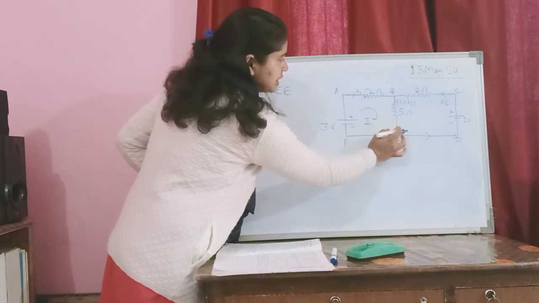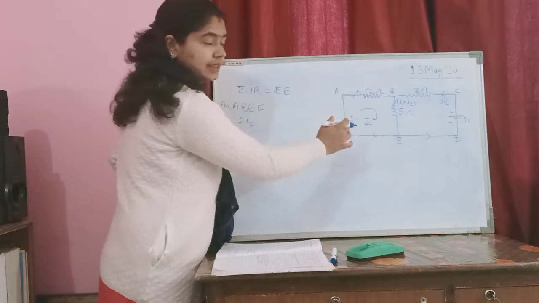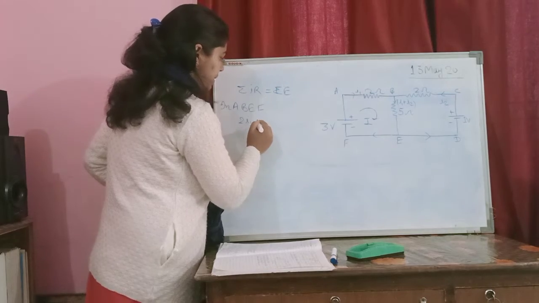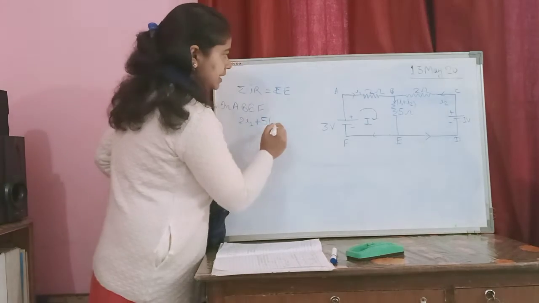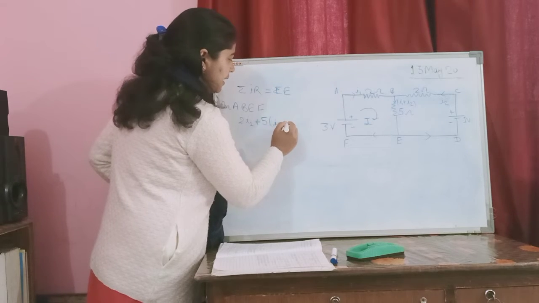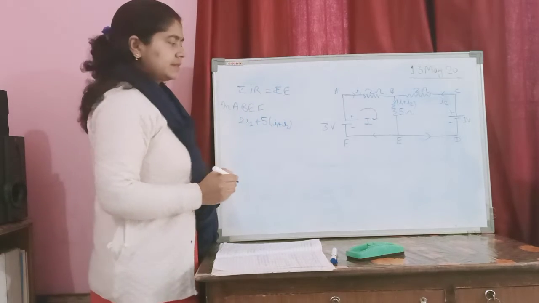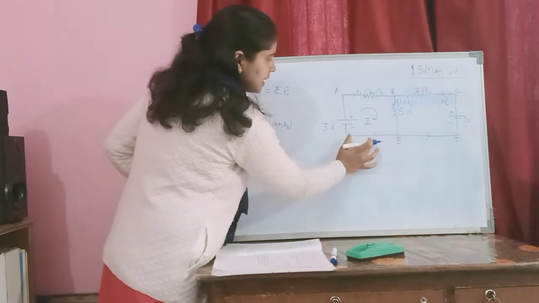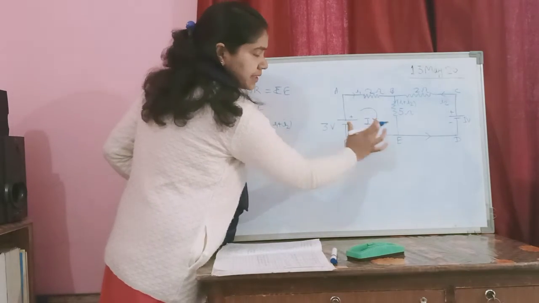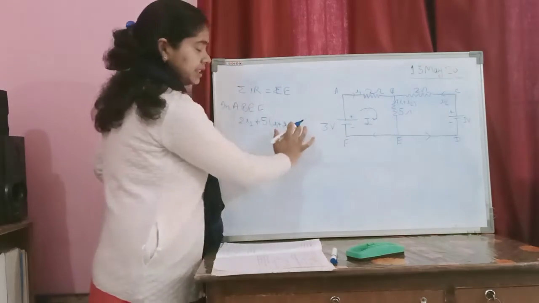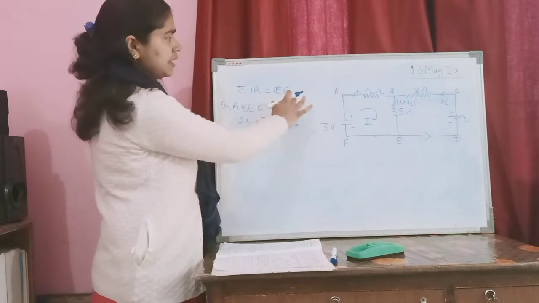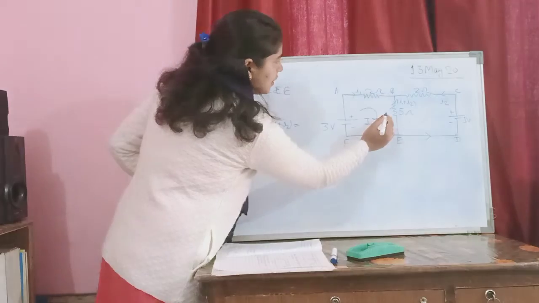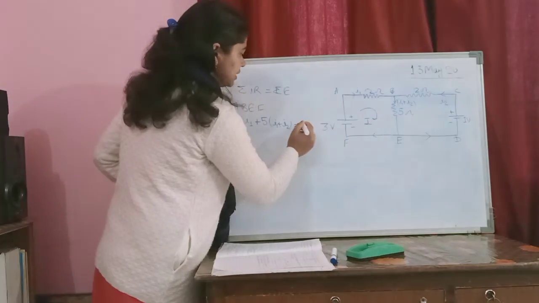The current is flowing along this same direction, then there should be a plus sign, plus 5, and the current is I1 plus I2. In this branch there is no resistance, only these two resistances equal to EMF, which is 3 volt.